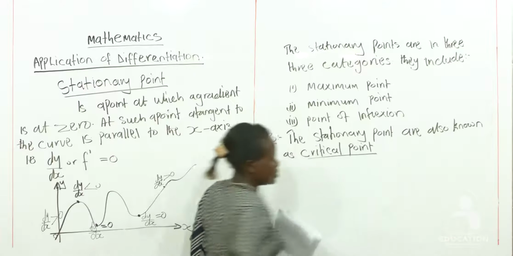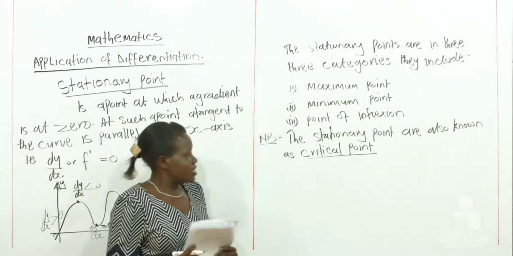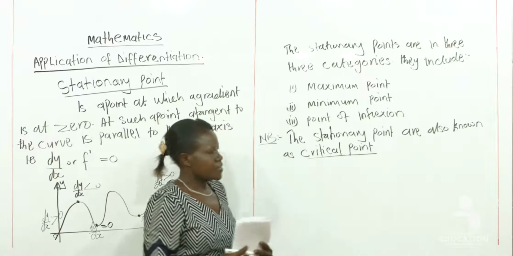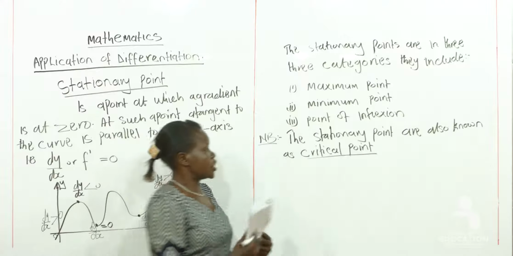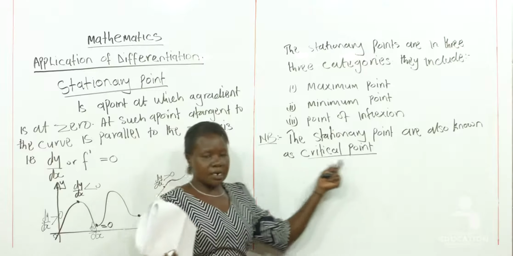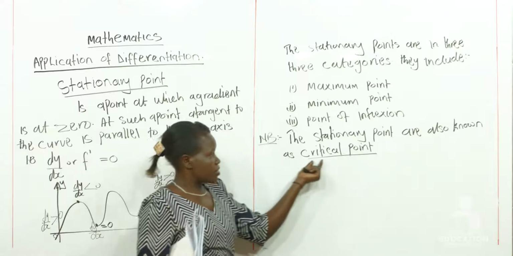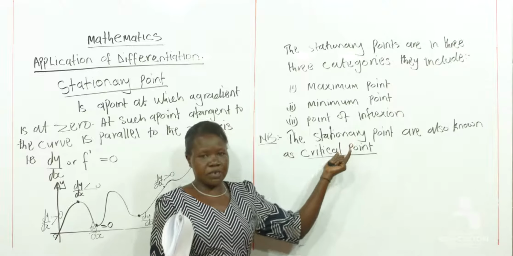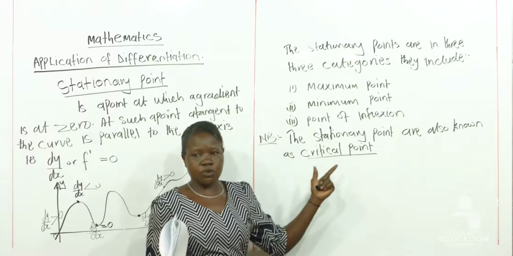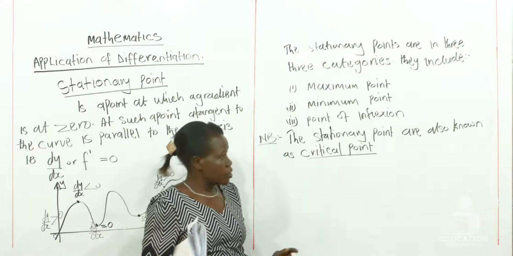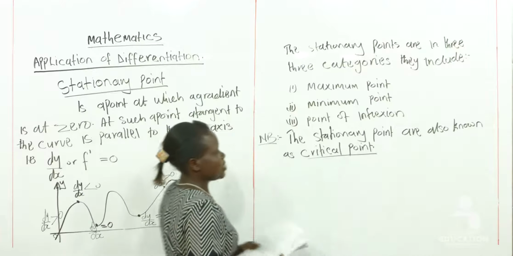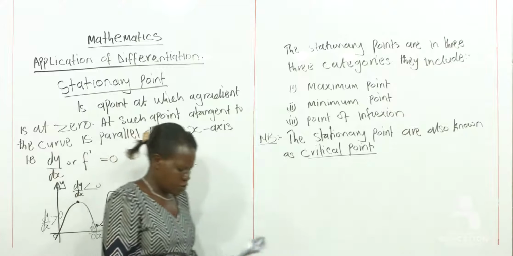My dear learners, sometimes in your exams, they may avoid saying find the stationary points, but they will say find the critical points. Critical points are the same as stationary points. It is a point where the gradient is equal to 0. So when you reach that level, it becomes a critical moment for you.